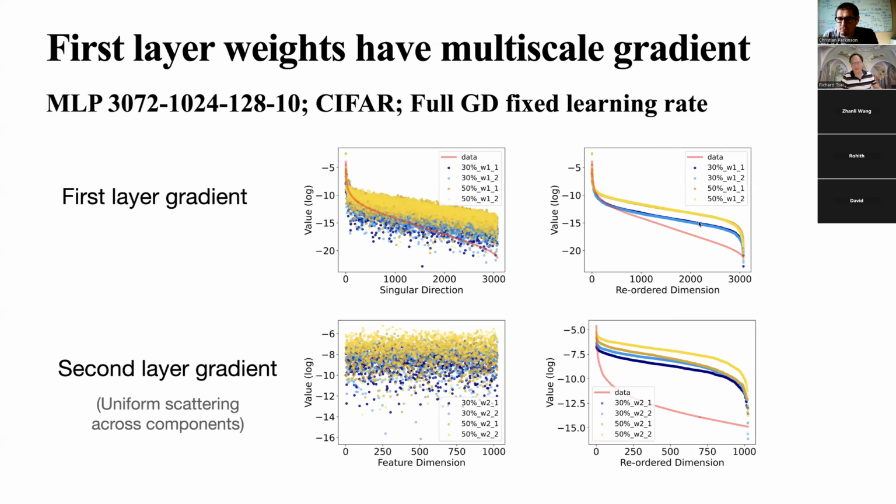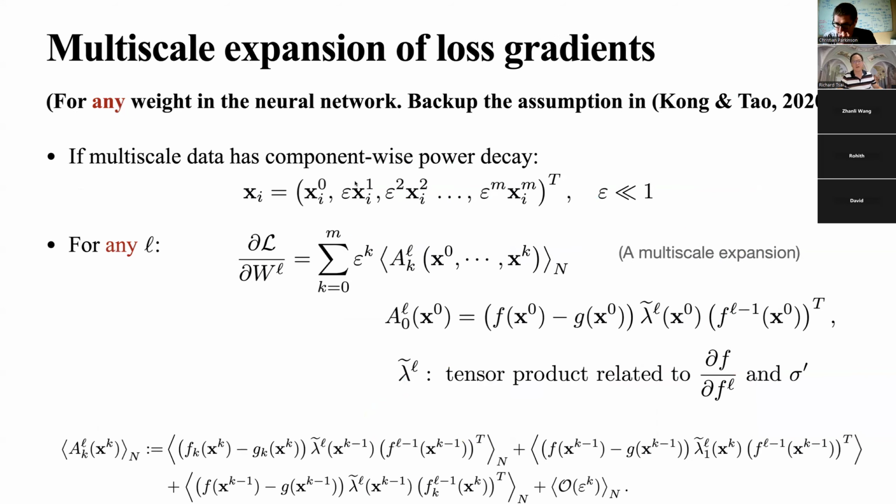We can look at the distribution again of the singular values, and it shows some kind of persistent properties, in how they decay in different stages of the training. Furthermore, if you assume that all the gaps are the same, and your coordinates are in powers of epsilon, then you can have this general multi-scale expansion of the loss gradient for all layers.